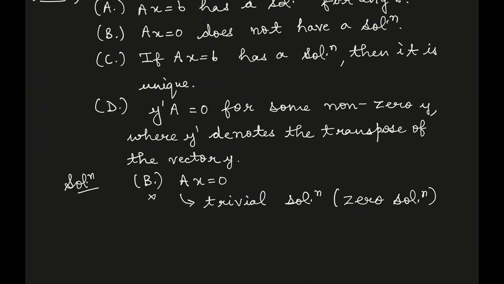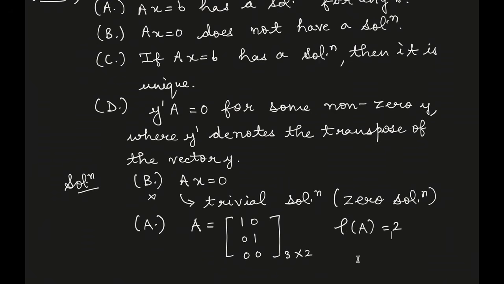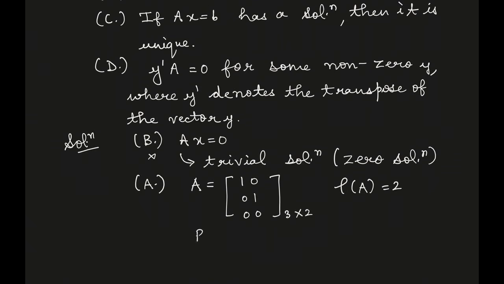So I can take the matrix A as 1 0, 0 1, 0 0. Now here it is 3 cross 2 and rank of A is 2. So now it is fine. So I can take b as 0 0 1.